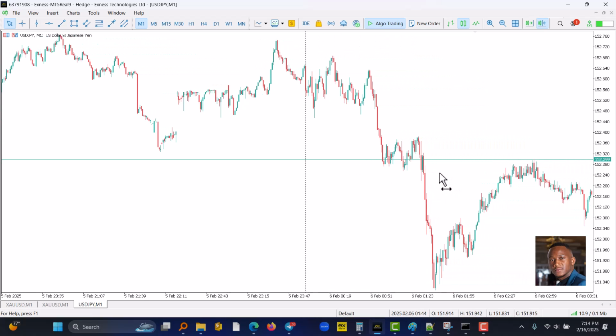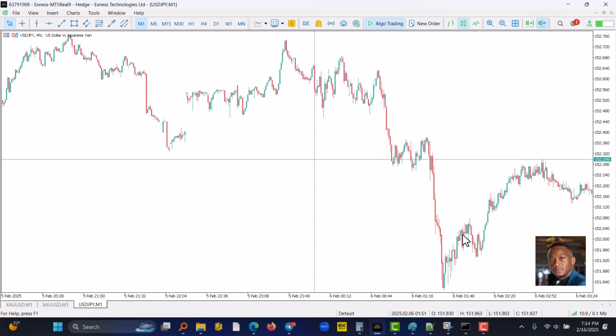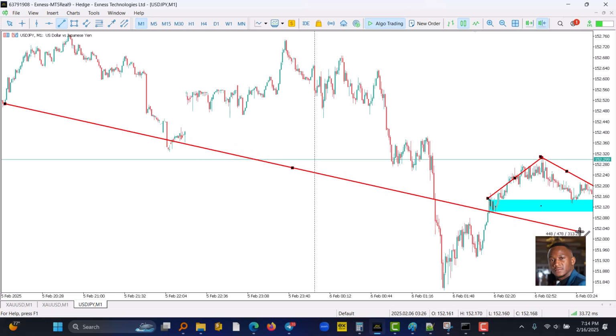Say you are right here, and the market is going down, but you have seen that there is an arc. Undeniably, we can see that we get an arc forming right here, and we've got a base. Where is this market going? You can see that this market is going down.